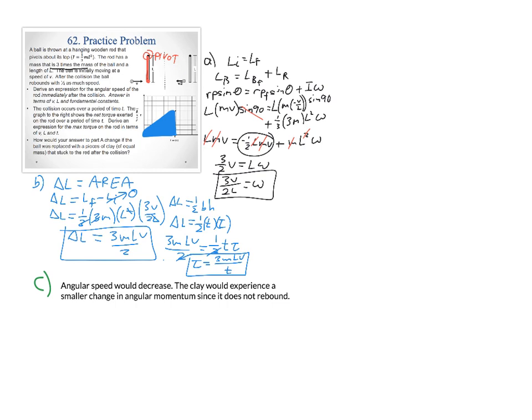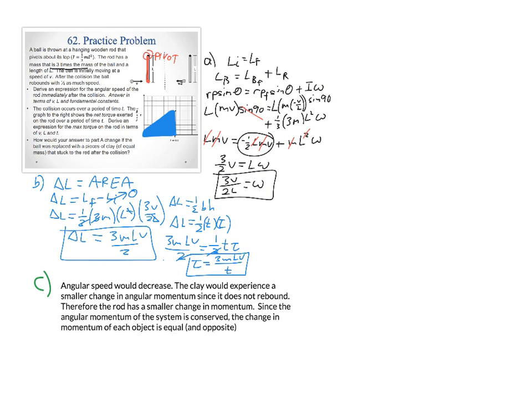And so that means that the rod then would have a smaller change in momentum as well. We know that in any system where momentum is conserved, the change in momentum of each object is equal, and so if the clay experienced a smaller change in momentum, the rod would also experience a smaller change, and overall, it would be traveling slower than it was if the ball bounced off like it did.